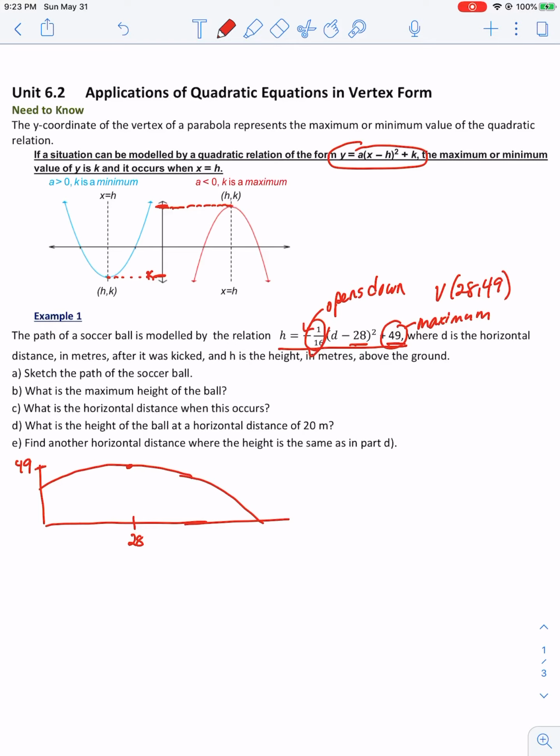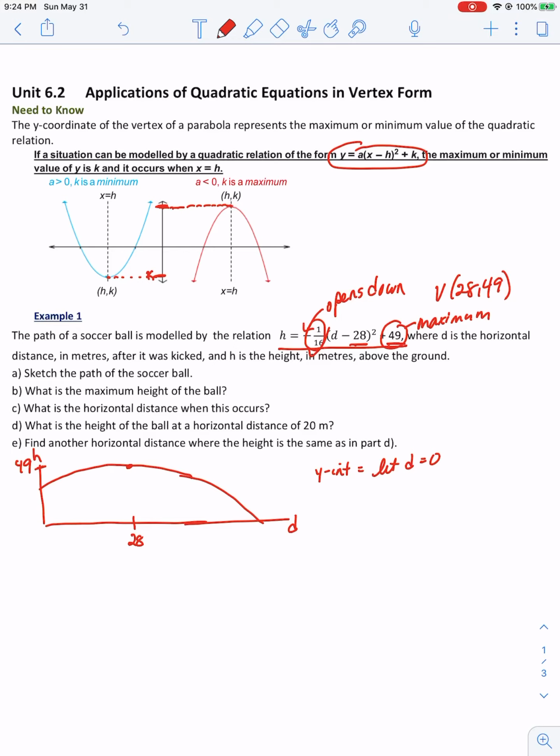Now, in order to find the y-intercept, we'd let d equal 0. So this is distance. The soccer ball gets kicked or something. Maybe it's kicked somewhere in the air, and this is the height of the soccer ball.